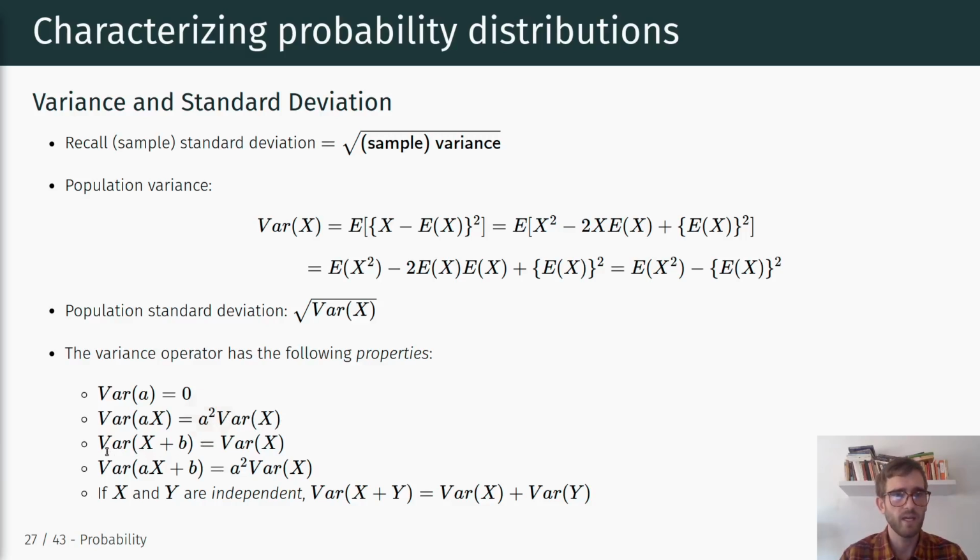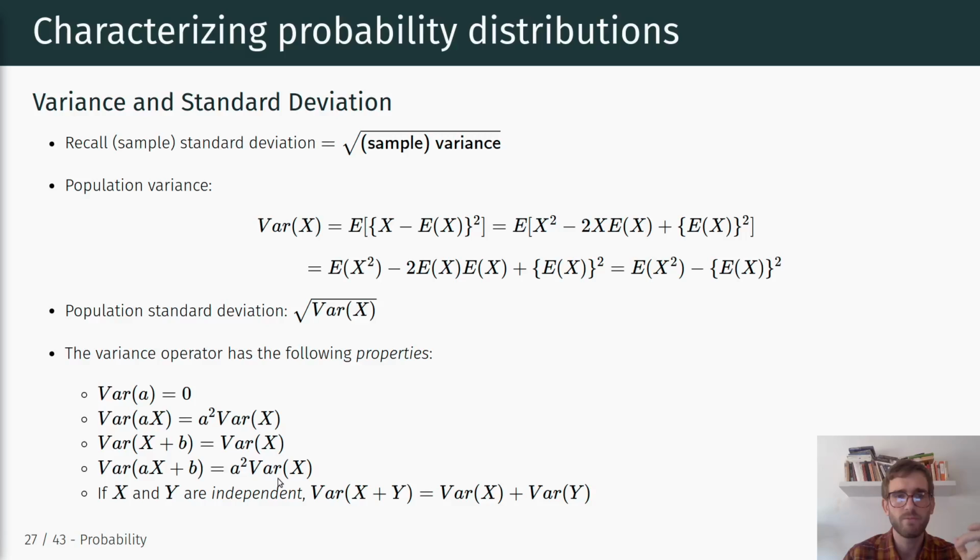And then we have the variance of a random variable x plus a constant. Adding this constant doesn't change the variance, so that's still the variance of x. And that's the combination of those two previous results: the variance of ax plus b is just a squared times the variance of x.